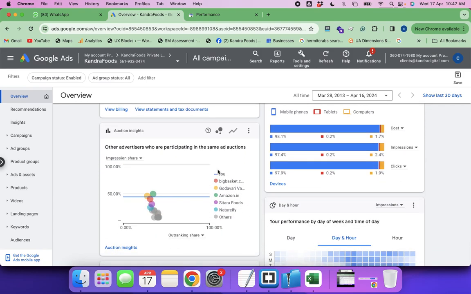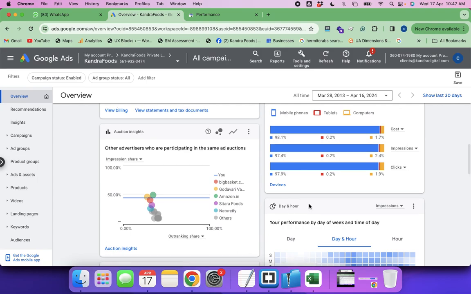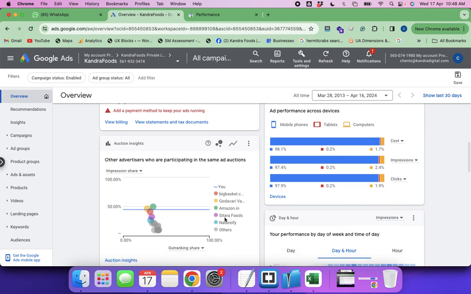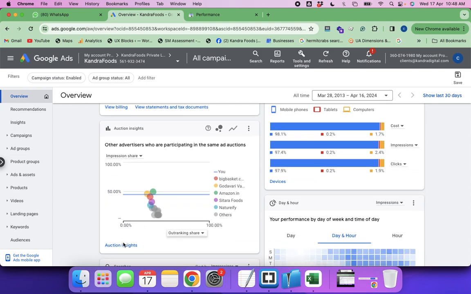Okay, see, you can study the performance of your account with regard to various other competitors. That's called auction insights.